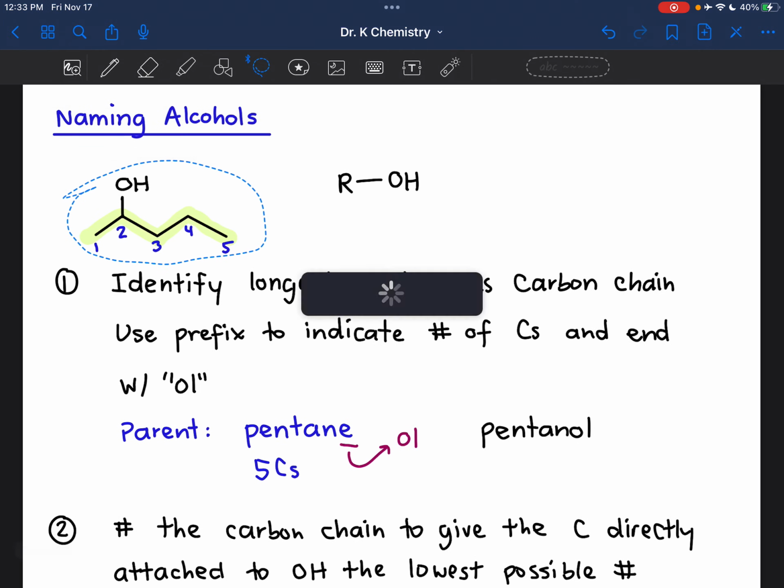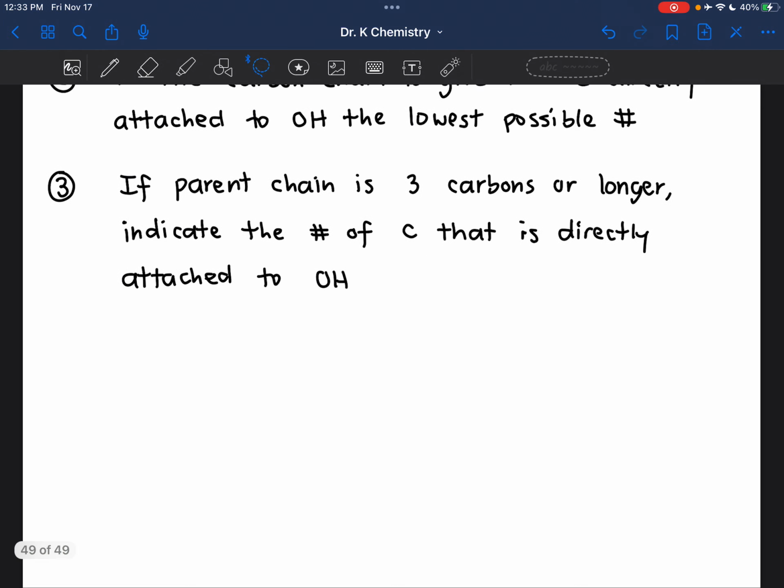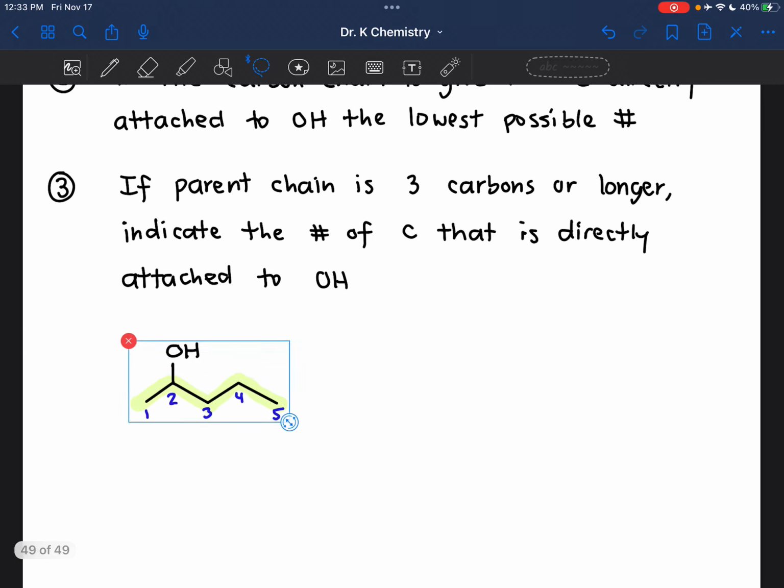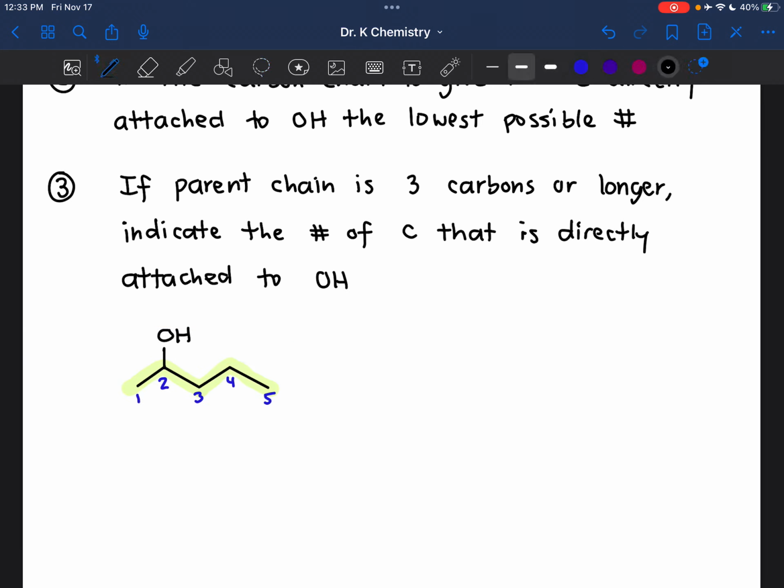Which means, looking at our previous example, we need to indicate that that OH group is on carbon 2. So we said that our parent name was pentanol to indicate the fact that there are 5 carbons in there. But we're actually going to call it 2-pentanol to indicate that that OH group is centered on carbon 2.